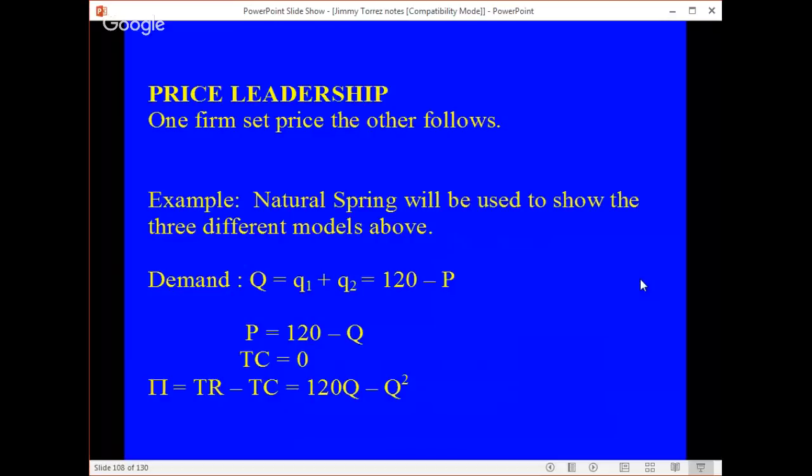So the total market demand, is demand for water from firm 1 plus water for firm 2, and that equals 120 minus P. So the inverse demand curve is 120 minus Q, and therefore profits, that's monopoly, total revenue minus total cost is 120 Q minus Q squared.